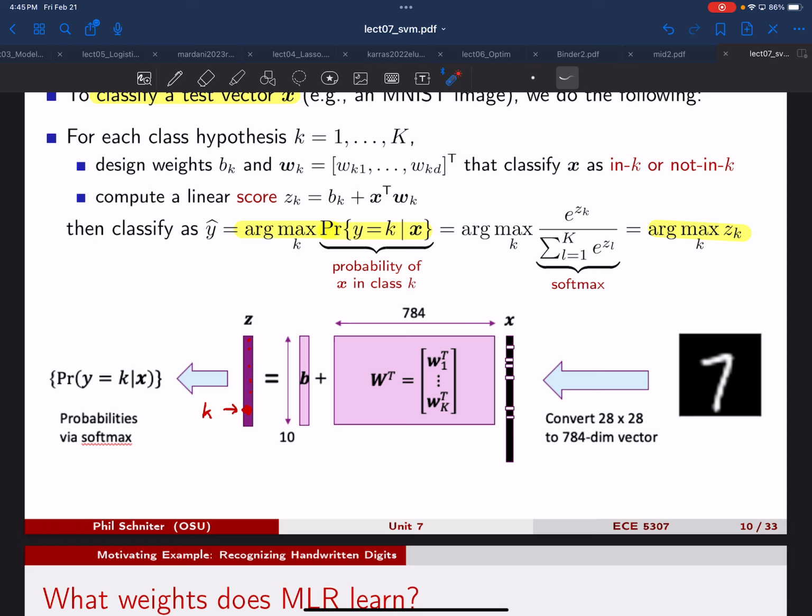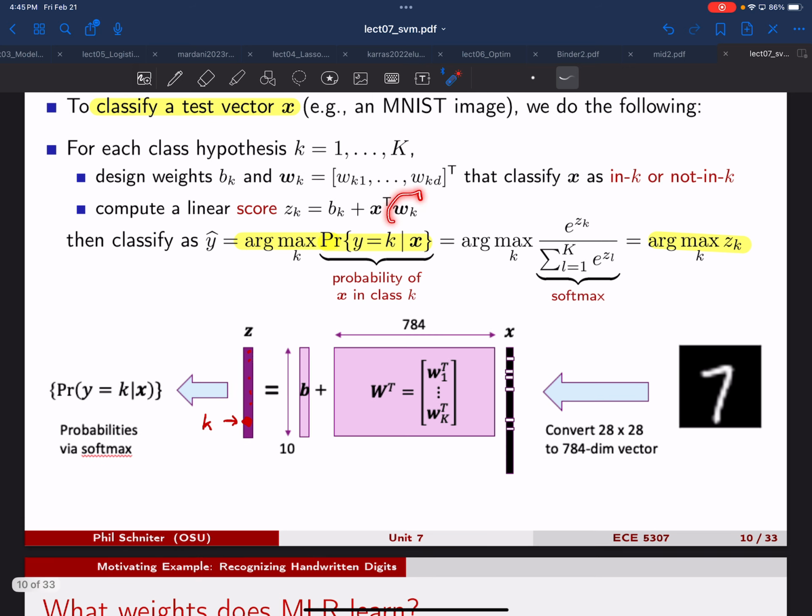So W transpose, that matrix is the coefficient matrix? That's right, these are all the weights. Each one of the rows has the weights for every pixel. If we look at the first row, that would be for class 1, k equals 1, or digit value 0. That's how we do one versus rest classification: we make a bunch of different vectors W, where the kth vector says whether it's in class K or not.